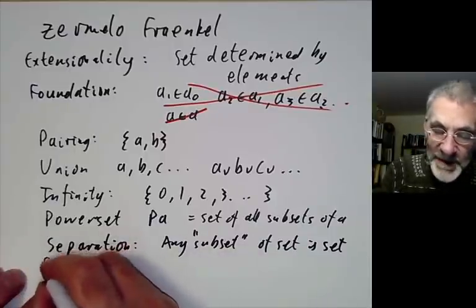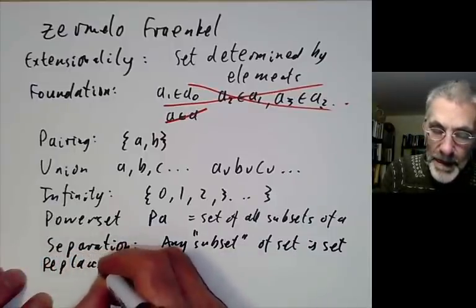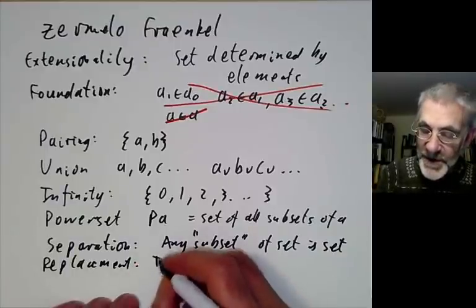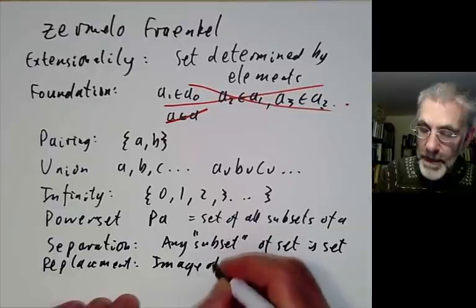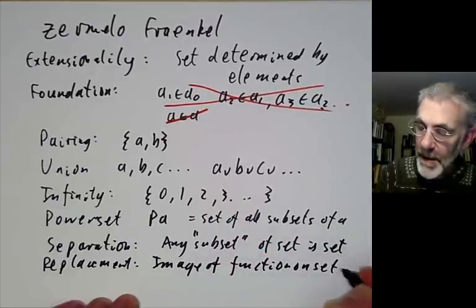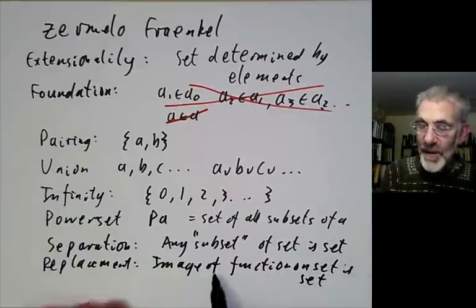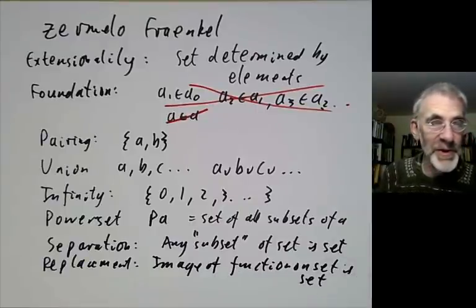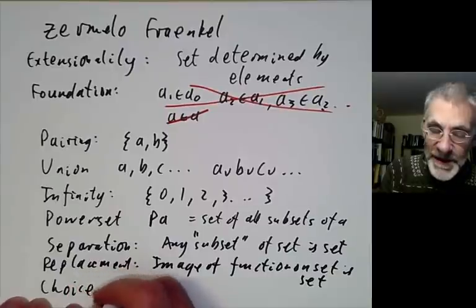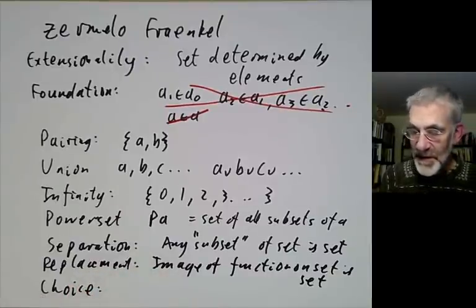Then we have replacement, which says the image of a function on a set is a set. And again, we have the question, what do you mean by a function? And I need to describe that in more detail later. And finally, we have choice, which says, suppose you've got several sets.